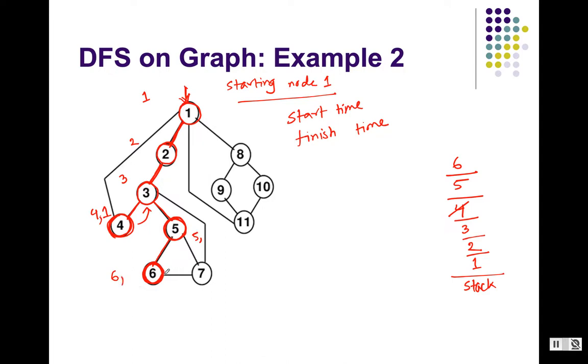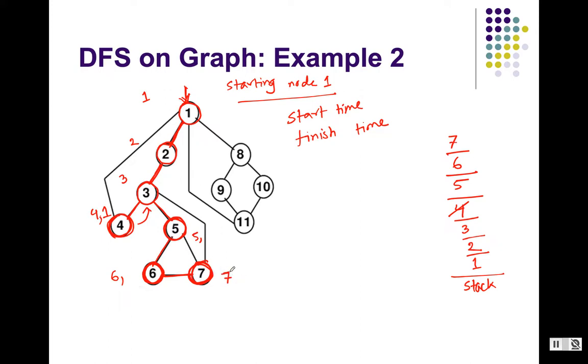From 6 we can go even deeper, because 6 has one neighbor that has not been visited yet, which is 7. So from 6 you can visit node 7, which means we push node 7, and the start or visiting time of 7 will be 7.